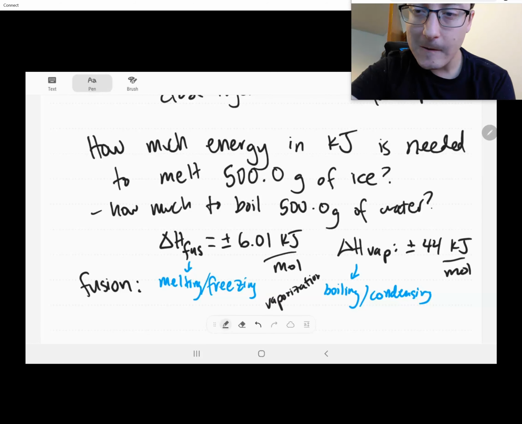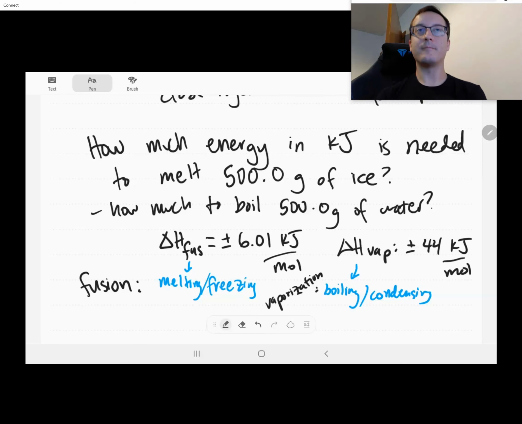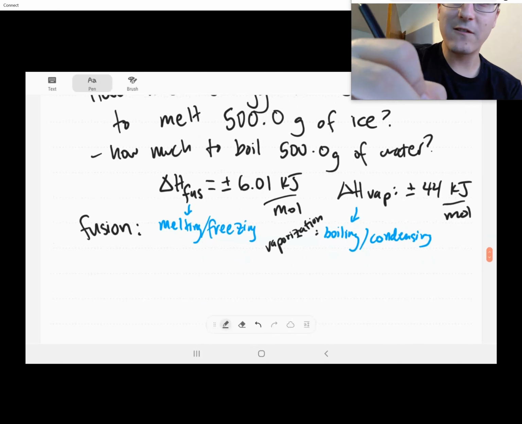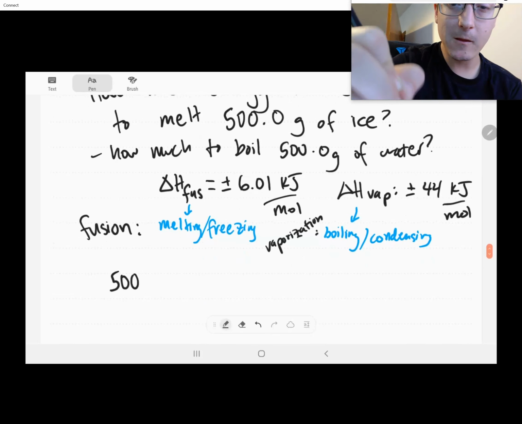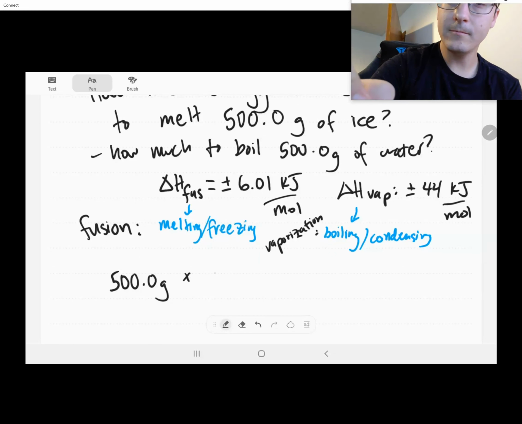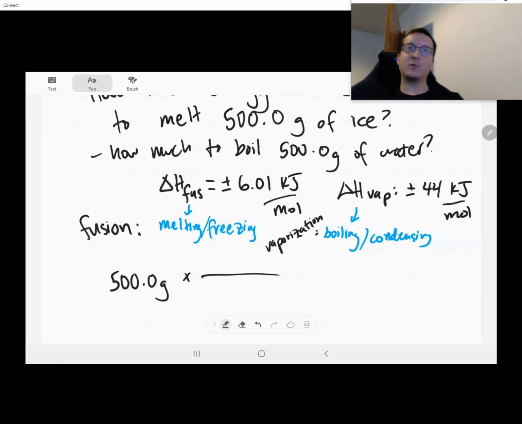Okay, so yeah, we're going to use delta H fusion here. So we have 500 grams with our molar mass, which one is going to be on top and which one on bottom?